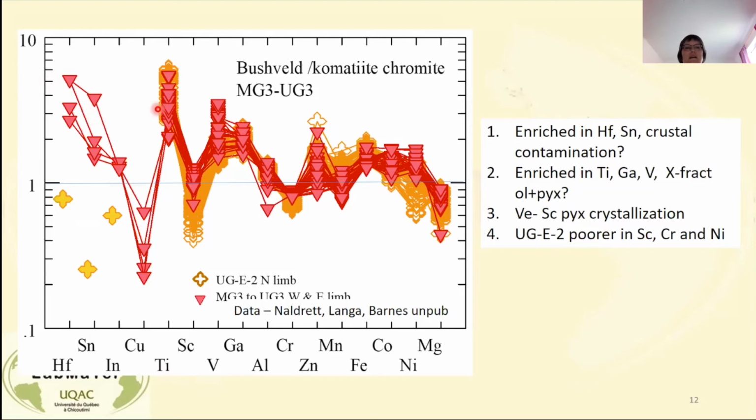We see that there's more titanium and higher vanadium and gallium, so it's probably more crystallization. You can also note that the northern limb UG is poorer in scandium, chrome, and nickel.